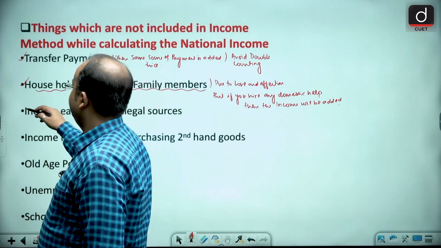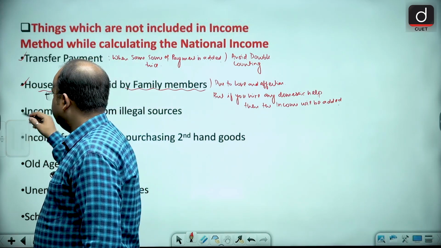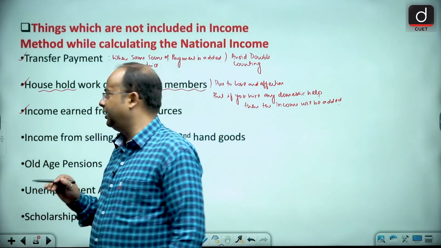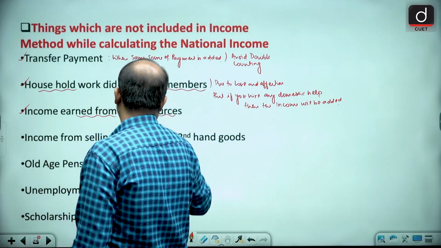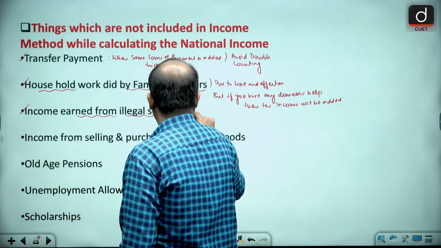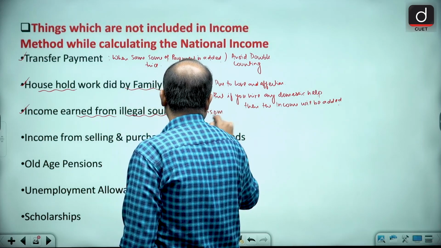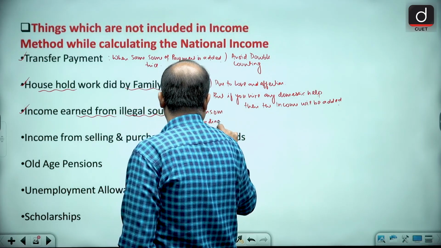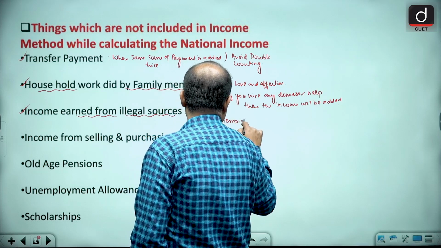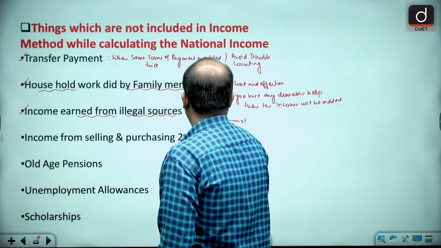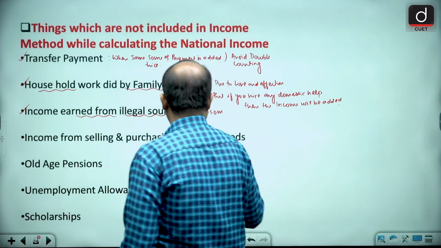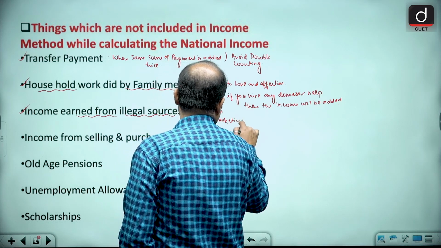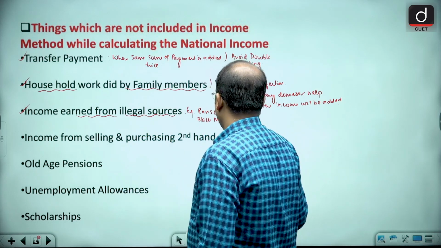Next is income earned from illegal sources. Although it is income, it is not calculated because of ethical and legal issues. Income earned from illegal sources, for example ransom, funding a terrorist organization, black marketing, or bribe.